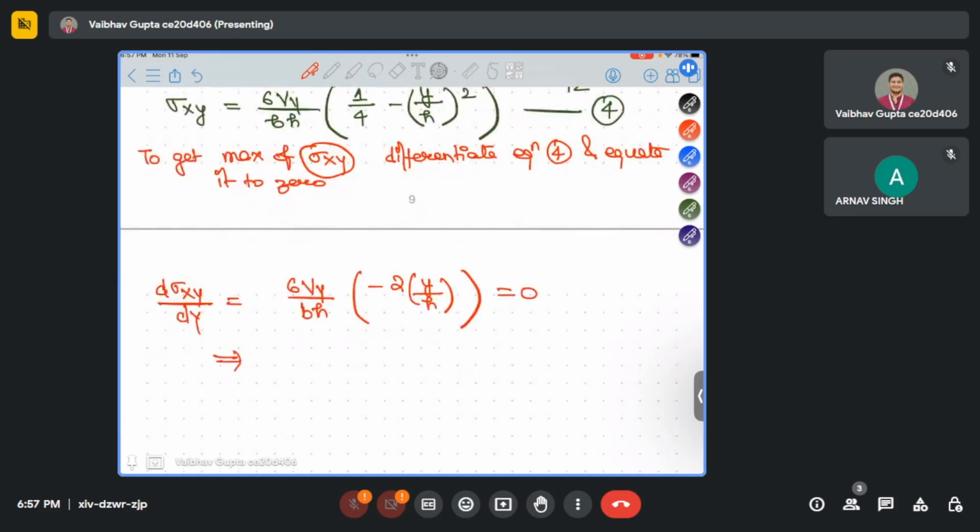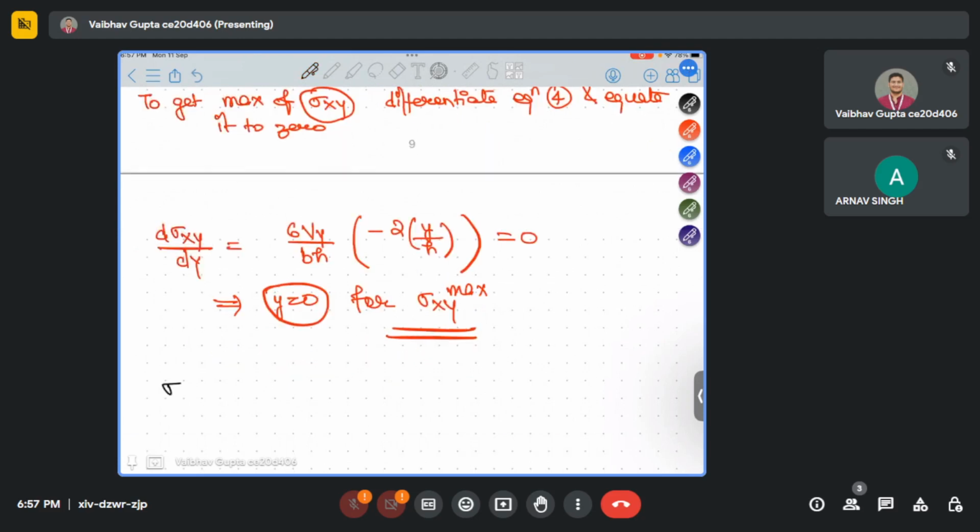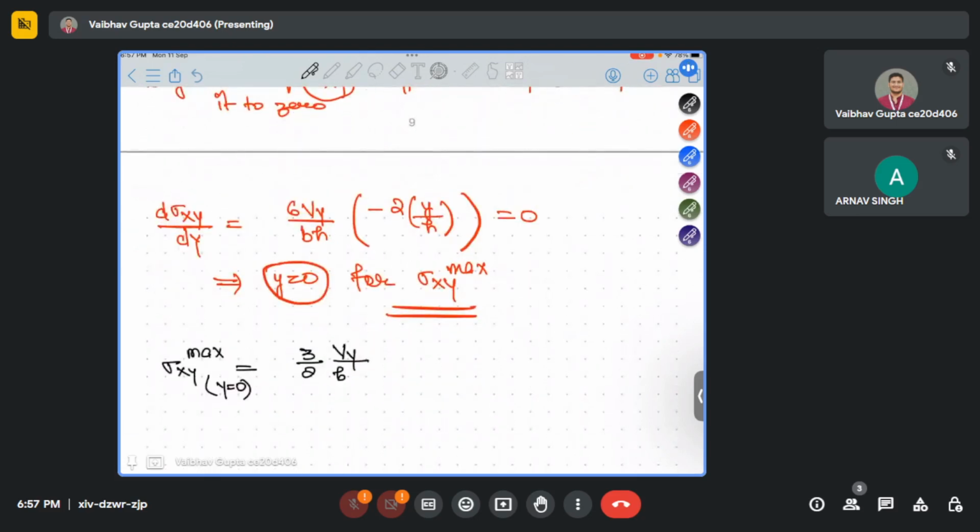So it implies y is equal to 0 for sigma xy maximum. What is the expression after putting y equal to 0? Sigma xy max at y equal to 0 will be 3 by 2 Vy by bh. This is the expression you will get.